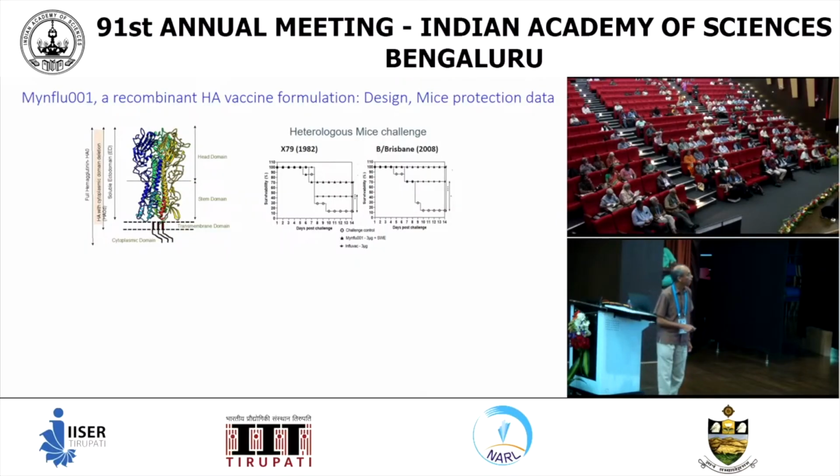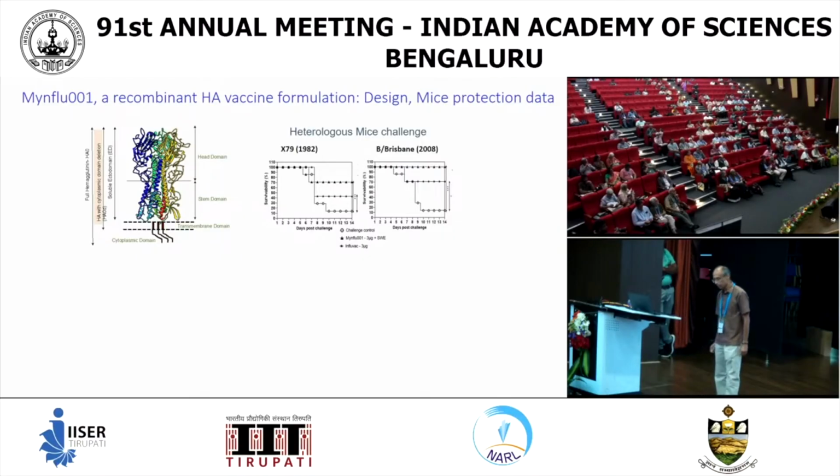Now, in parallel, the way flu vaccines are made is by inoculating the virus into hen's eggs. The virus is grown in these eggs and extracted, and then it's chemically inactivated. Some additional treatment is given, and that's the vaccine which is given to people.